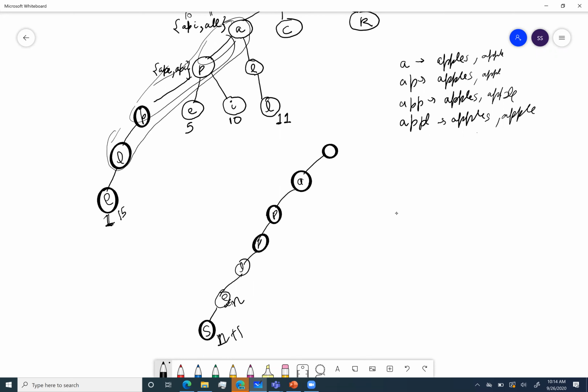I'm wondering if there's a use in identifying which nodes correspond to a full word. For example, app is a full word, apple is a full word.